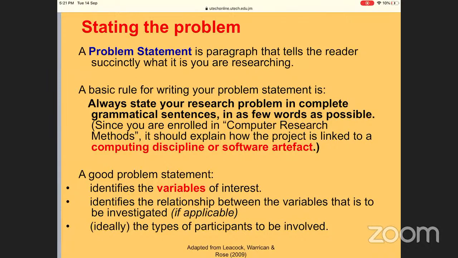But in a good problem statement, you're going to identify the variables, and if you want to look at relationships, as in links or associations between those variables, and if there are people in your study, meaning you're going to collect data about people, the types of the participants. It doesn't have to be one type, it could be more than one type.